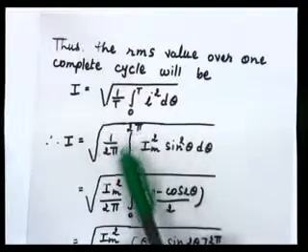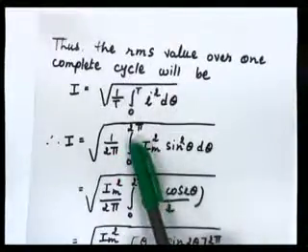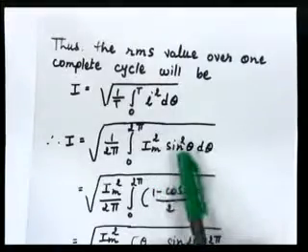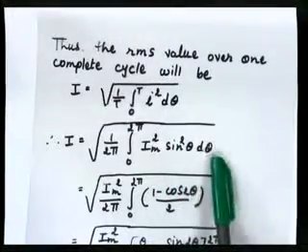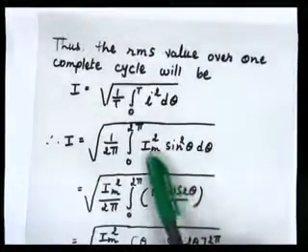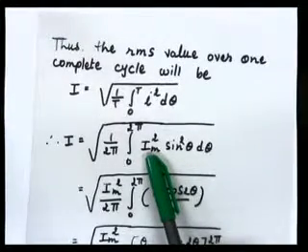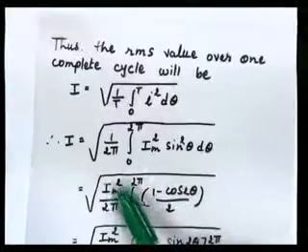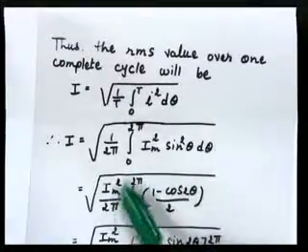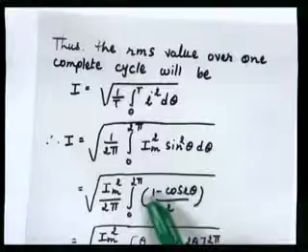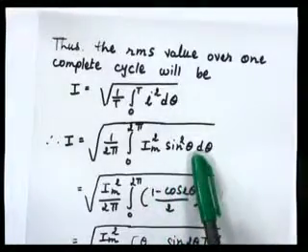So here it is 1 upon 2 pi integration 0 to 2 pi Im square sin square theta d theta. Now as we know, Im indicates the maximum value of current. It is constant with respect to time. So I is equal to Im square by 2 pi because Im is constant, and we integrate sin square theta only.